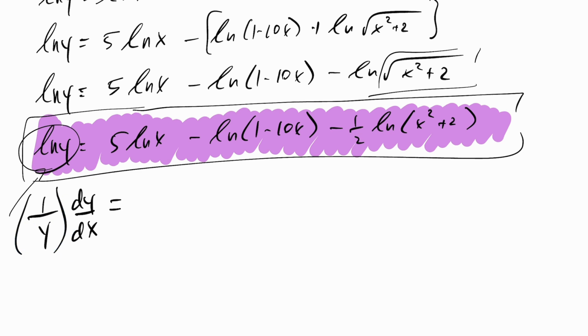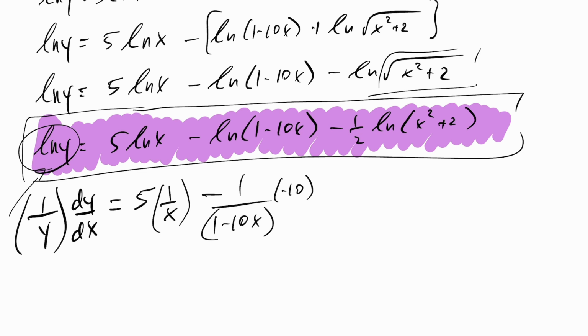So this is going to equal, now if I take the derivative with respect to x, we're all set. It's going to be 1 over x minus 1 over 1 minus 10x. And this was not just an x, it was a 1 minus 10x, so I have to take the derivative of the inside, which is negative 10.